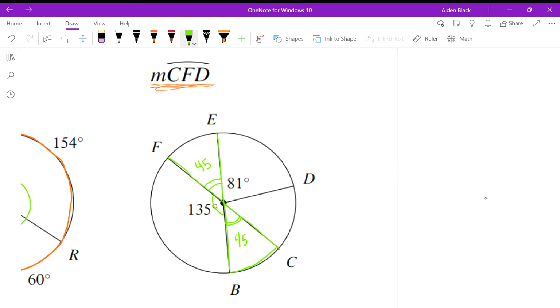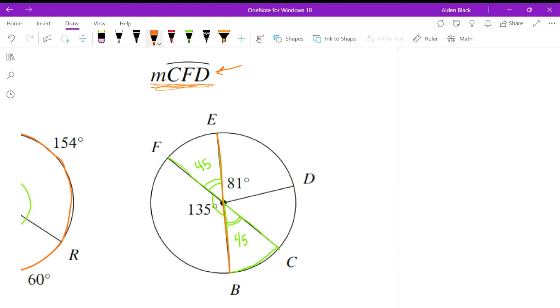And you could have also thought of it this way, where if you look at this angle, you have 135, and then the remainder of that 180 degrees is the angle we just talked about, that 45 degree angle. So we have those angles. With those angles, we can either figure out this remainder, because they should all add up to 360. But just looking at this, it says CFD.